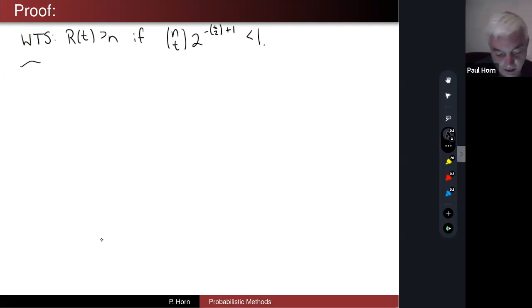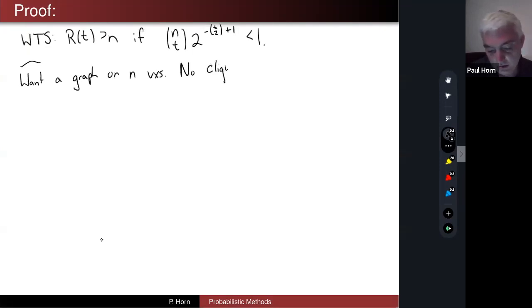That means I want a graph on n vertices with no clique or independent set of size t. If I find such a graph, then I've won the game.